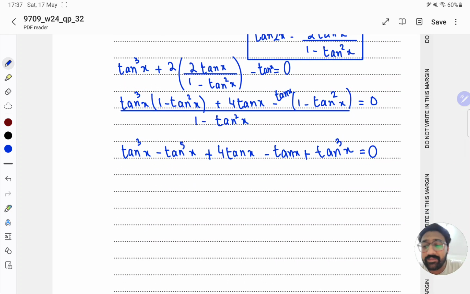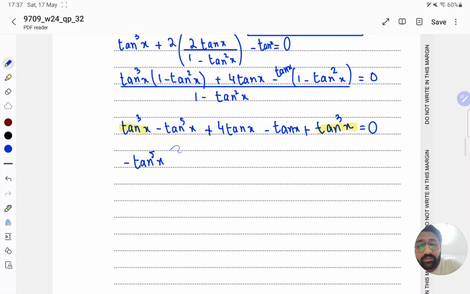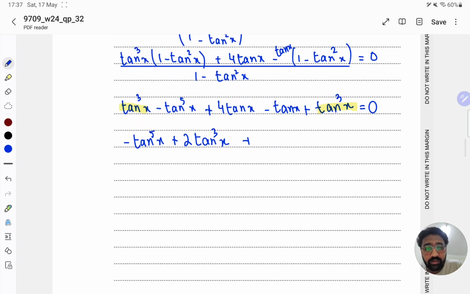Now we do have like terms. So if I arrange the like terms, it will be minus tan 5x. These are the like terms, this and this. So they are going to add and give me 2 tan 3x, plus, if I can simplify these two as well, they can give me 3 tan x and equal to 0.